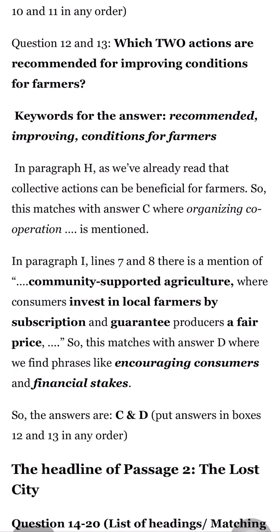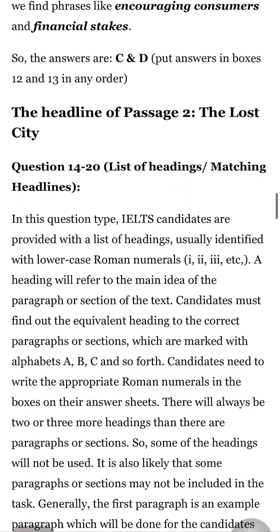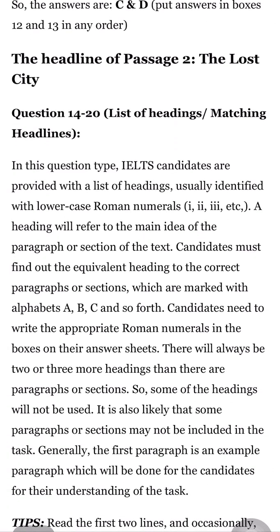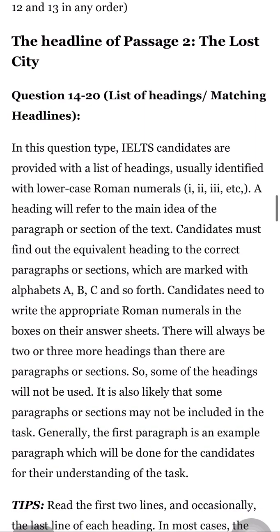The headline of passage 2, The Lost City, questions 14 to 20. List of headings matching headlines. In this question type, IELTS candidates are provided with a list of headings, usually identified with lowercase Roman numerals i, ii, etc. A heading will refer to the main idea of the paragraph or section of the text. Candidates must find out the equivalent heading to the correct paragraphs or sections, which are marked with alphabets A, B, C and so forth.